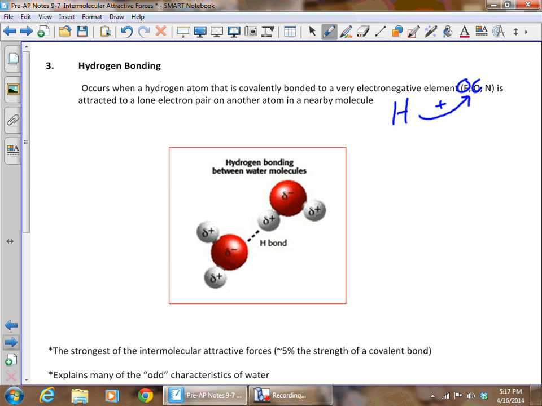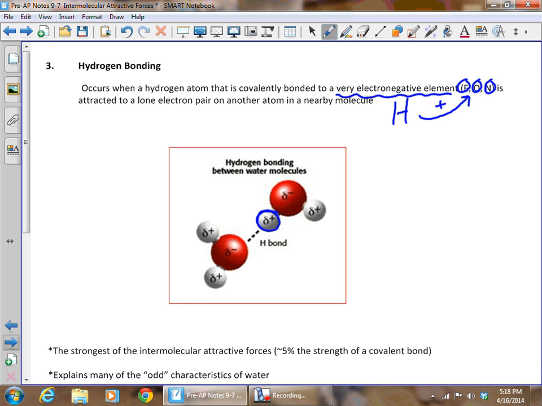Fluorine, oxygen, and nitrogen are very highly electronegative. So they're pulling electron cloud towards them like no other. So you get a situation where these hydrogens right here are very electron deficient. They only had one electron to begin with, and oxygen's pulling way more than its fair share of that electron, and it's leaving hydrogen feeling almost electronless.